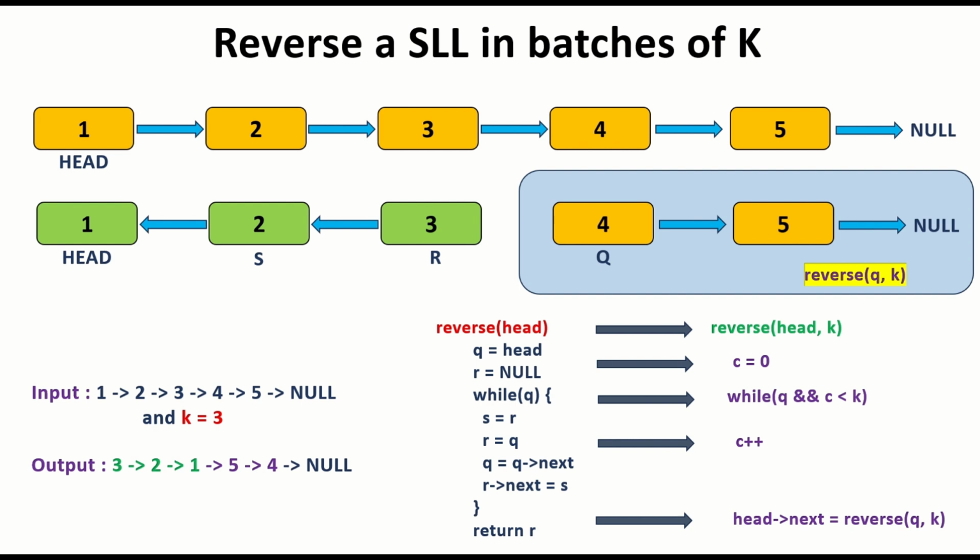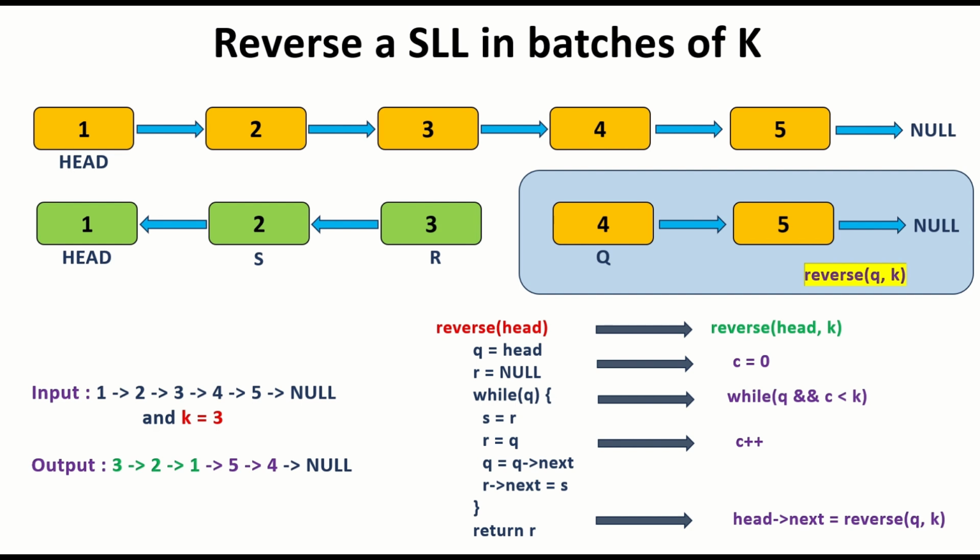So in this case, the first param, which used to be the head, will be Q, because Q is the head pointer of this particular sublist, correct? K will remain same. Also, we have understood that this reverse function will always return me the head of the modified reversed linked list. So in this case, when this recursion will give me the value, the new head would be pointing to 5, correct?